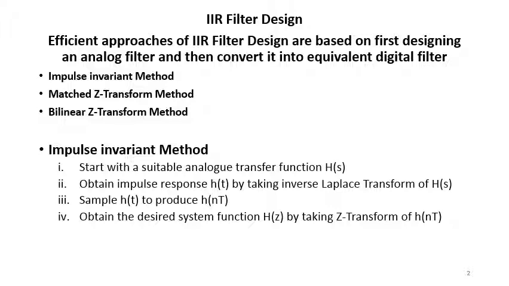Other than the pole zero placement method, the approaches for coefficient calculation are the impulse invariant method, matched Z-transform method, and bilinear Z-transform method. These approaches are more efficient for IIR filter design because they are based on designing the analog filter and then converting the designed analog filter into an equivalent digital filter.